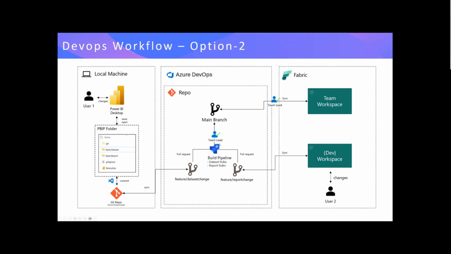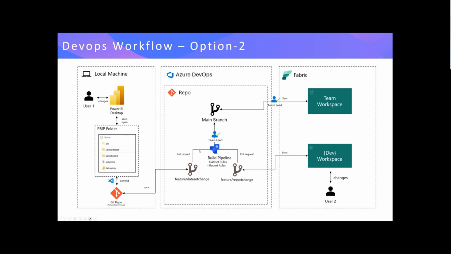So that's the difference. This needs a little more on the coding front, where you need to write your own pipeline scripts. But still, I would say start with option one and then slowly get into option two as you mature more in the DevOps model.